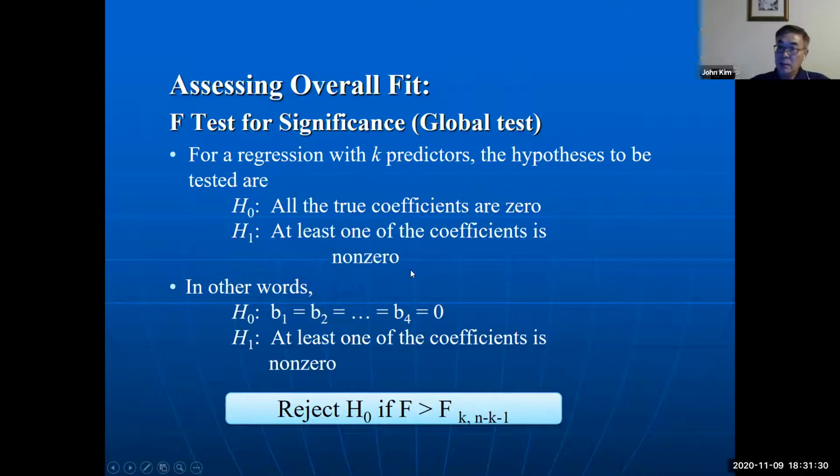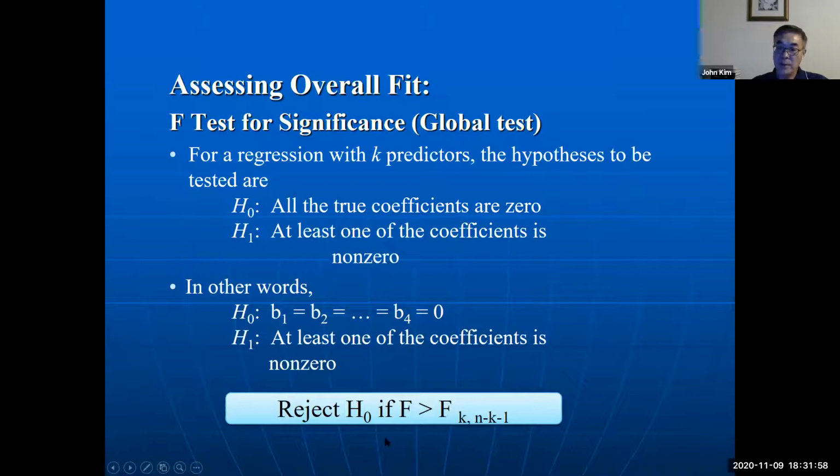The hypothesis can be written in words or using symbols: B1, slope 1, slope 2, and so on, equal 0. And the alternative hypothesis is the same: at least one of the coefficients is non-zero.